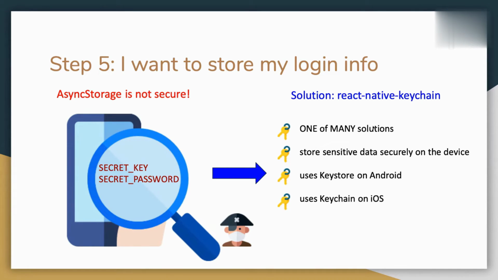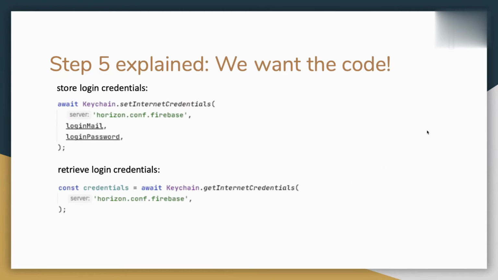This library uses native solutions on the devices. So it uses the key store on Android devices and the keychain on iOS devices. And this library, again, is very easy to use. This is why I mention it here. So, for example, if I want to store my login credentials, I can just use the set internet credentials of the keychain library.